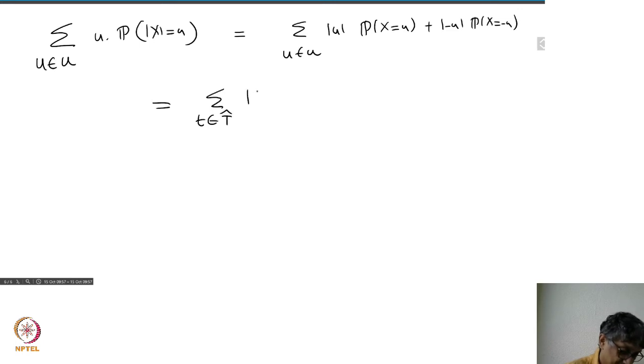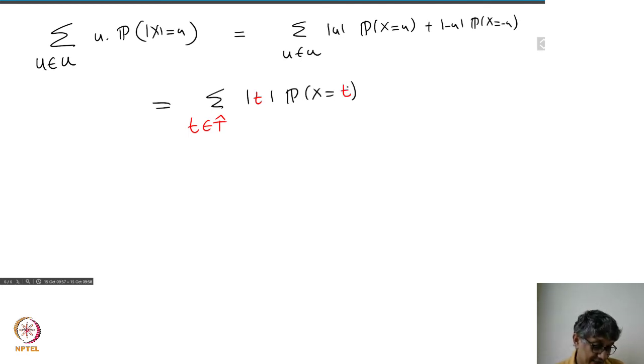So then mod t, let me add this in red now. That's how you sum over t in t hat: we had mod t times the probability x equal to t. So add that in red again. I move to t hat. From t hat, I know exactly how to go to t.